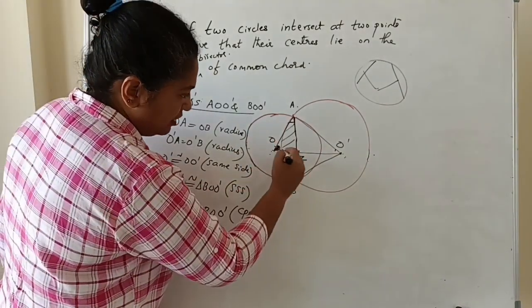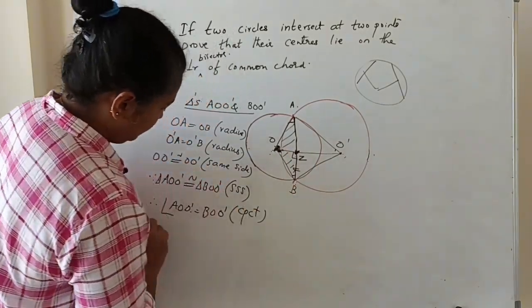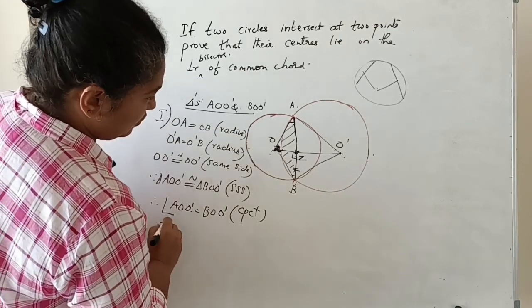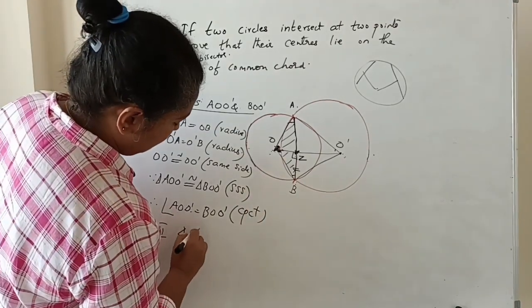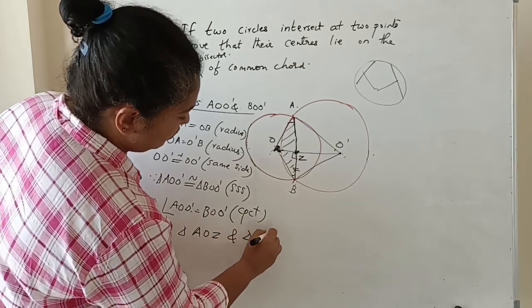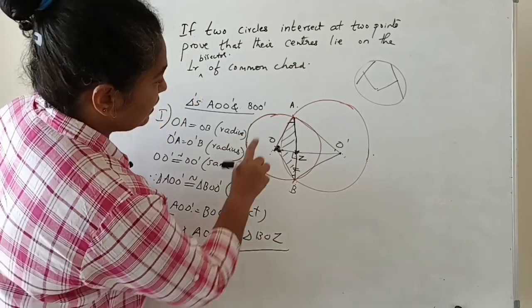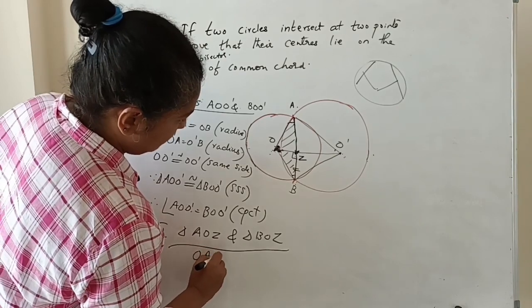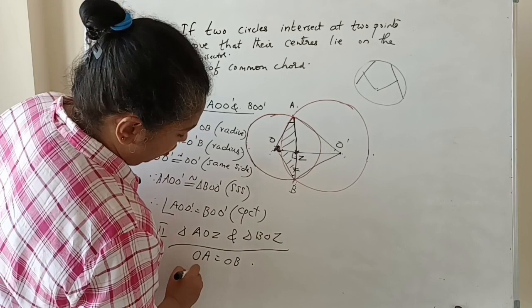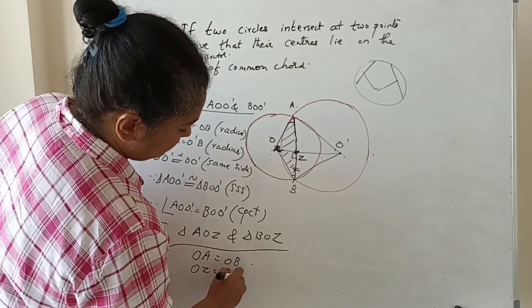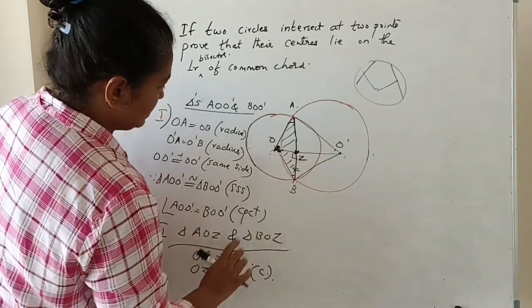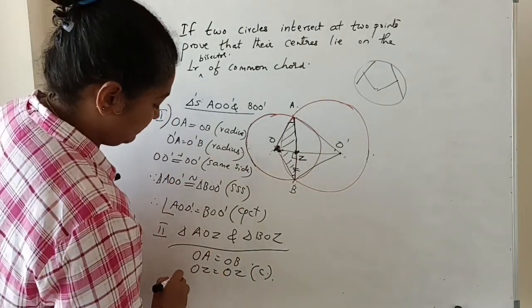So when I am taking these two triangles, this is the first part. Now in the second part, we are going to prove the congruence of triangle AOZ and triangle BOZ. I can say that OA is equal to OB, radius. OZ is a common side, and angle AOZ is equal to angle BOZ, which we have already proved from part 1.